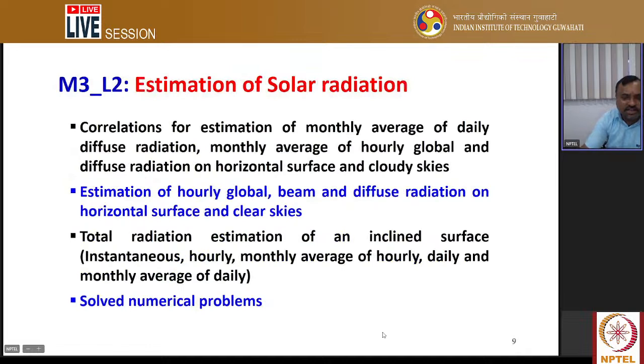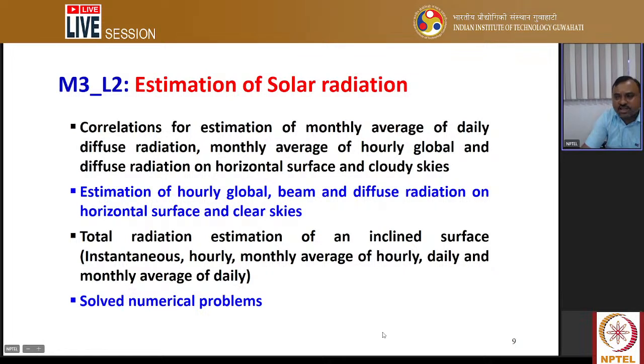So in lecture 2 of module 3, primarily we have studied the estimation of solar radiation, like correlations for estimation of diffuse radiation on a horizontal surface and cloudy skies.